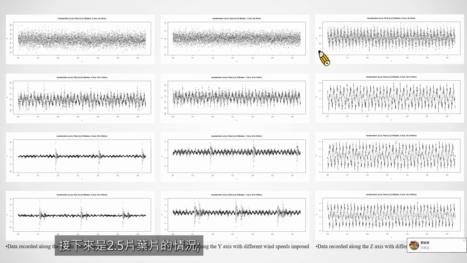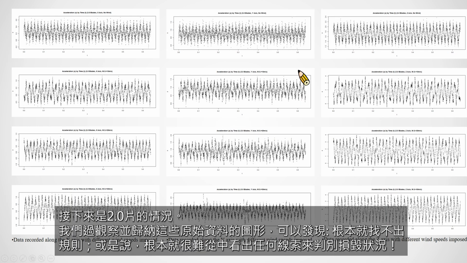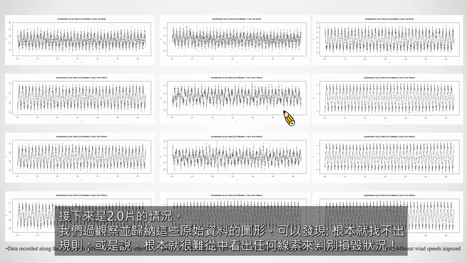And when there are only 2.5 blades, which means one half of a blade on the turbine set is missing, the situations on each axis subject to each wind speed will differ a lot. We can compare this situation with the previous situations while no blade is broken.